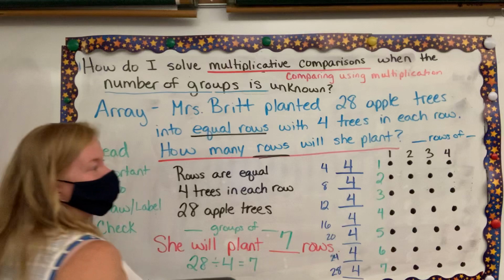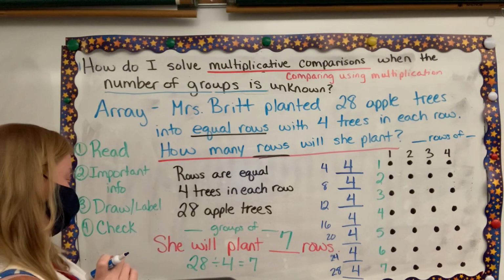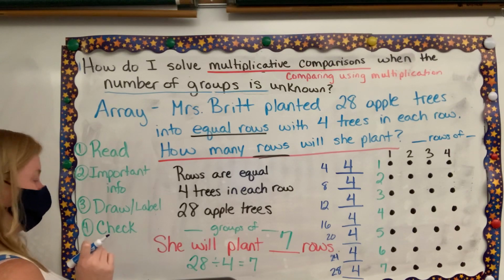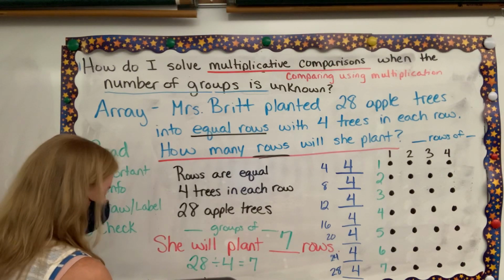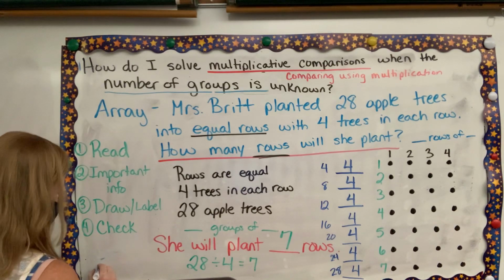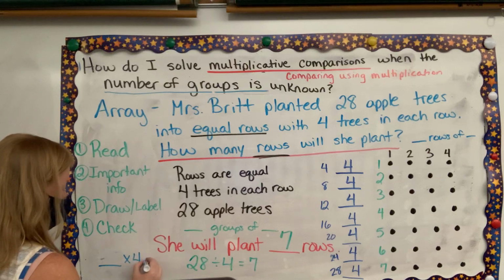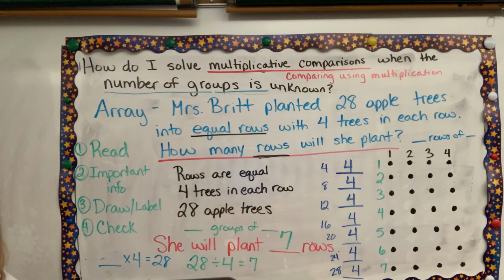You have to start with the rows first. How many rows do I have? 7. So blank times 4 equals 28. Perfect. And we know that blank is now what? Giovanni? 7. Thank you.